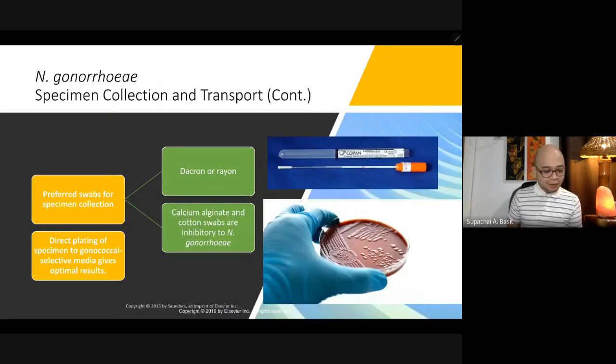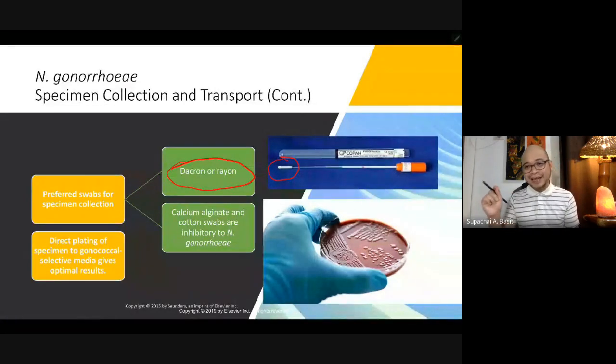The preferred swab for specimen collection would be either dacron or rayon. Dacron or rayon is actually much thinner, fortunately, as compared to the cotton swab. We do not want cotton swab because cotton contains calcium alginate.